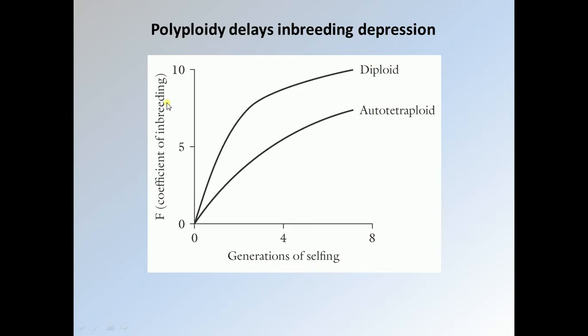You have the coefficient of inbreeding, which is basically the rate of homozygosity in a plant. And you can see that reaching the same rate takes much less time in a diploid than in a tetraploid, again because of the probability of having homozygous alleles. So that's of interest, of course, if you want to mitigate inbreeding depression effects.